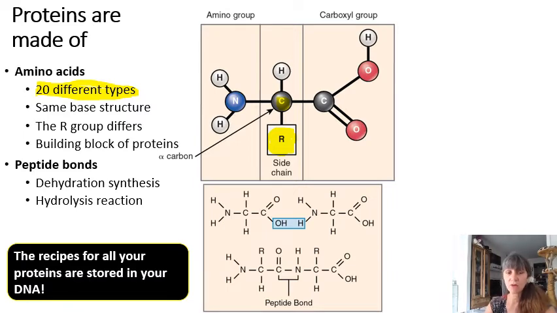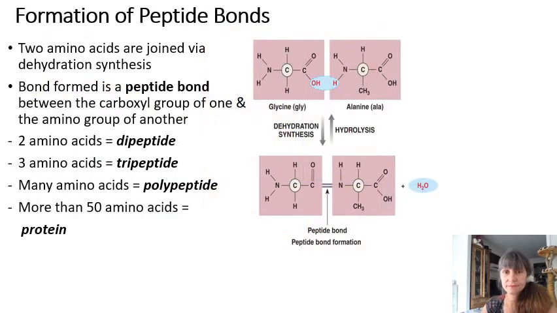Peptide bonds are formed by dehydration synthesis. They can be broken down by hydrolysis. Amino acids can be joined together by dehydration synthesis.